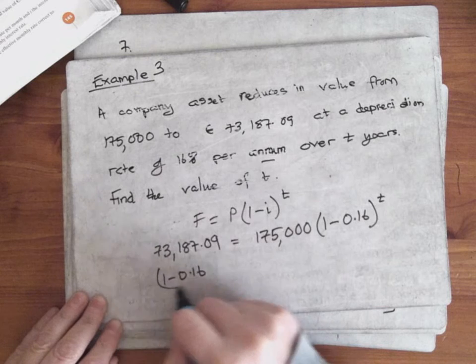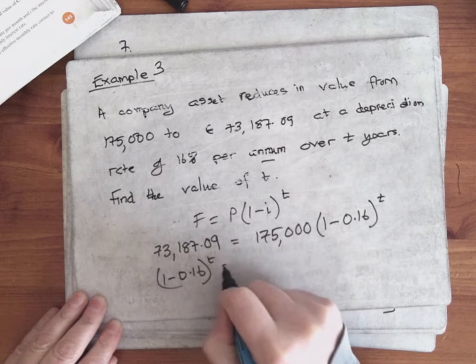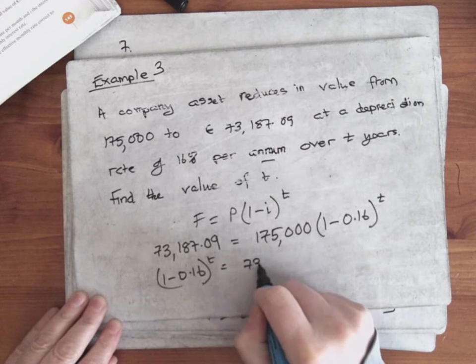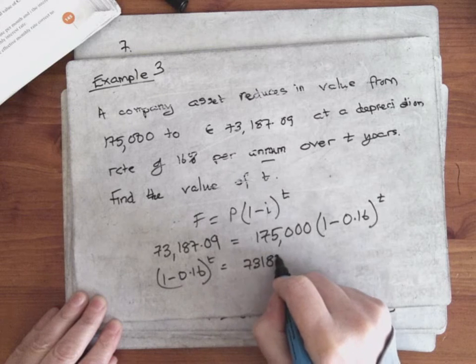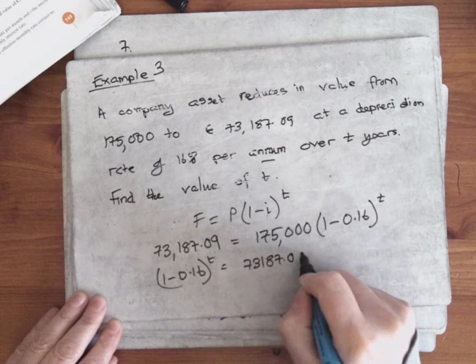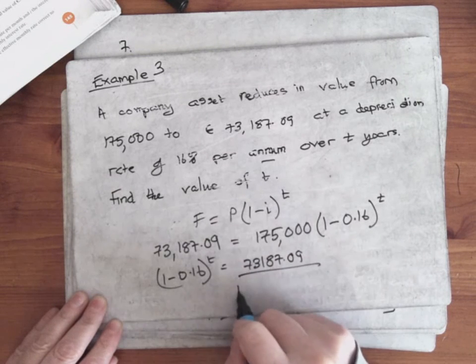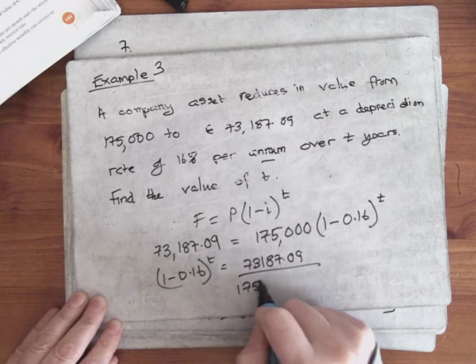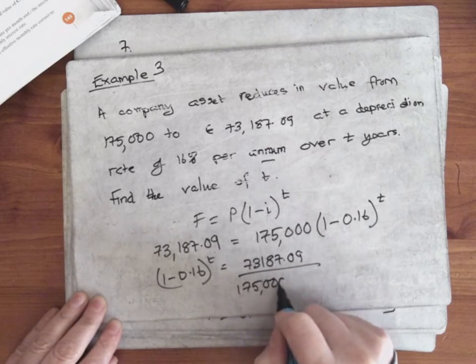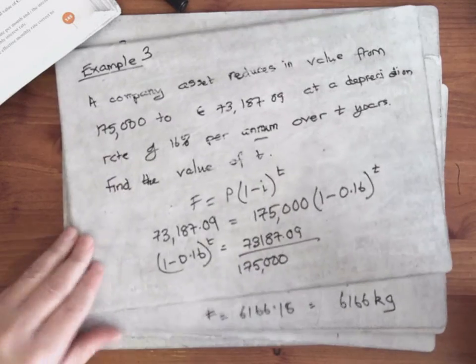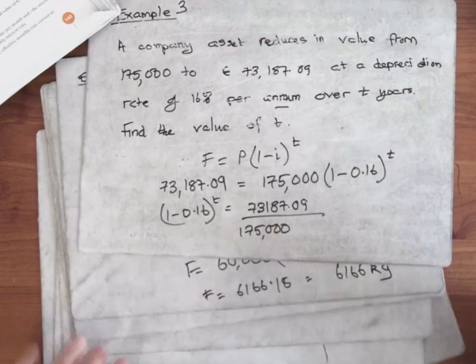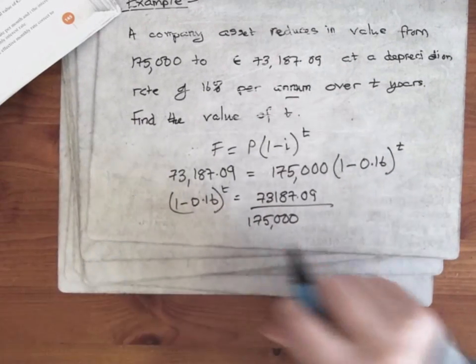So that would be 1 minus 0.16 to the power of t equals 73,187.09 divided by 175,000. I might just turn that into a decimal to make it easier to write.